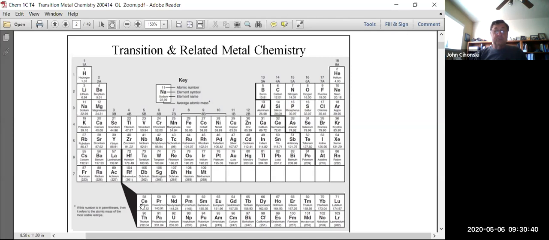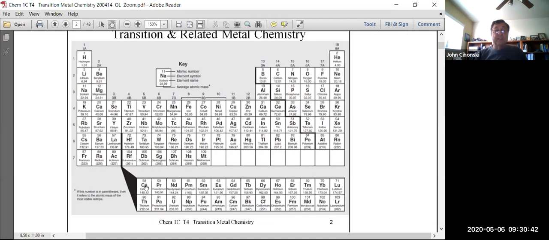Down here, this row, starting with 58, cerium, that is what we call a lanthanide. Lanthanide meaning it comes after lanthanum. There are 14 of those. All of these metals down here in this block, the outer shell will be a D electron.